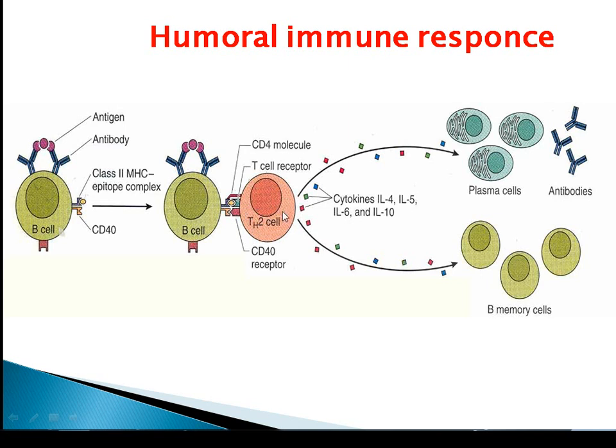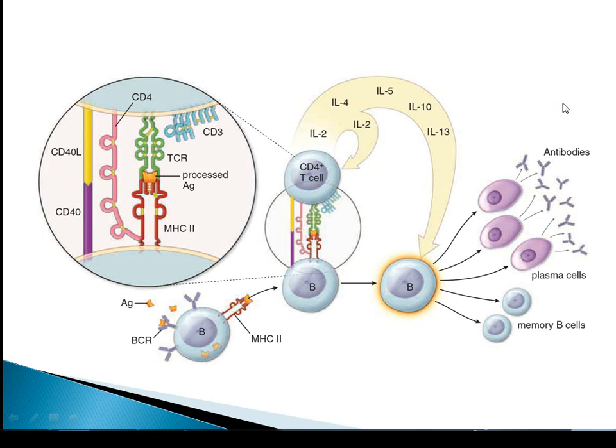Then it produces cytokines, interleukin 4, 5, 6, and 10, that will activate the B cell, which undergoes division, proliferation, and forms B memory cells and plasma cells. The plasma cells will produce necessary antibodies that will bind antigens and provide activation and phagocytosis.